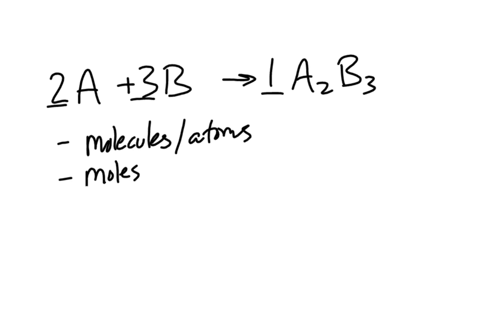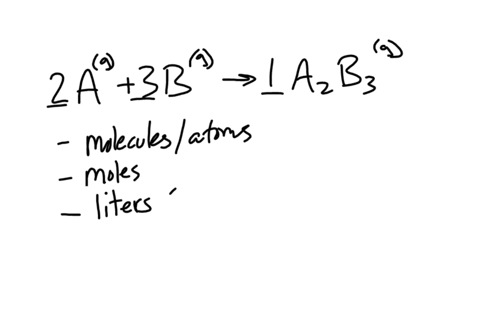Well, when it comes to gases, if all of my species are gases, these numbers could take on yet another meaning. They can mean liters. If I have 2 liters of A and 3 liters of B, I can make 1 liter of A2B3.